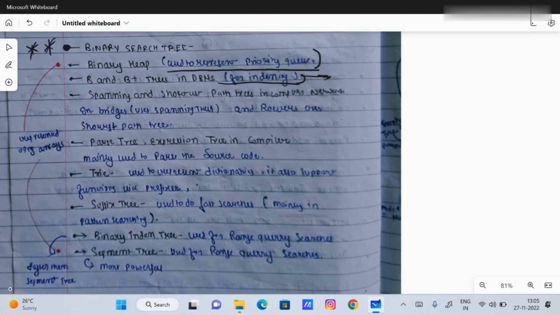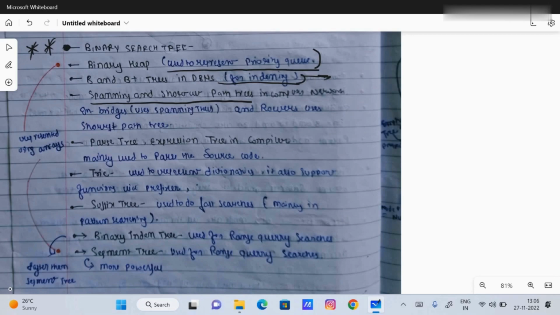You might not have studied till now, but in computer network, spanning and shortest path trees are variously used. Like a router is mainly a part of a computer network. IPv4, there are various things of the network, internet protocols also. So that's the main part of it.